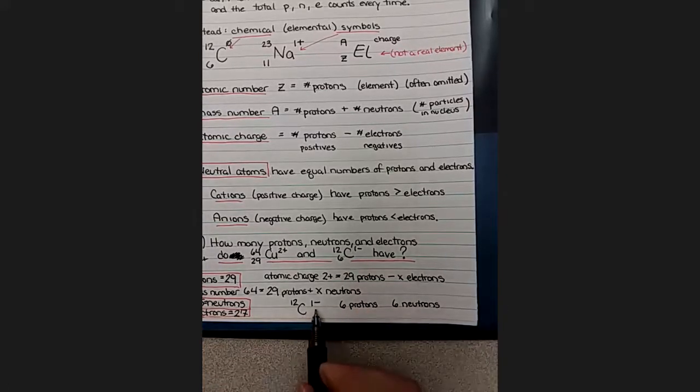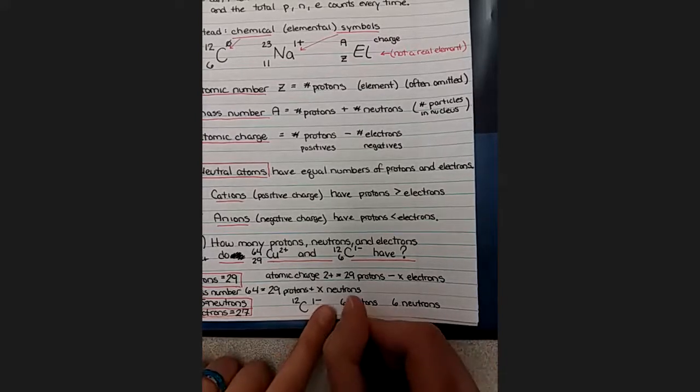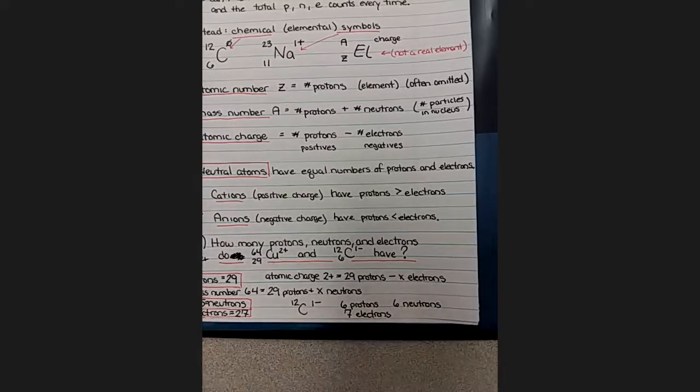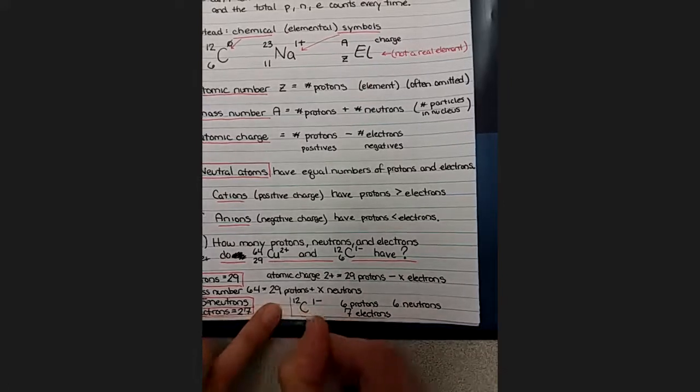And if there is a net negative charge, we're going to have one more electron than proton, and 1 more than 6 is going to be 7 electrons. The carbon 12, 1 minus.